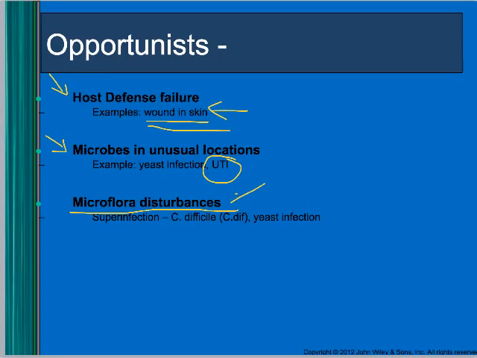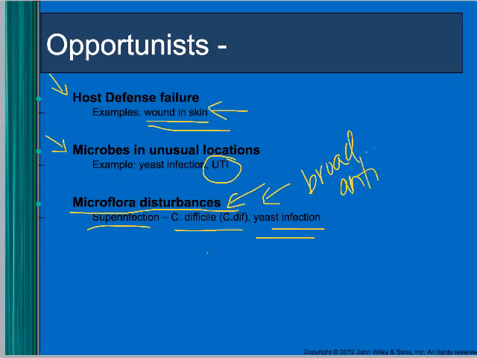So microflora disturbances, they also call these superinfections. Two examples are C. diff, or Clostridium difficile, and a yeast infection. An example of a disturbance would be taking a broad spectrum antibiotic. If you take the antibiotic, it kills all of the normal microflora, but some organisms like C. diff and yeast survive.